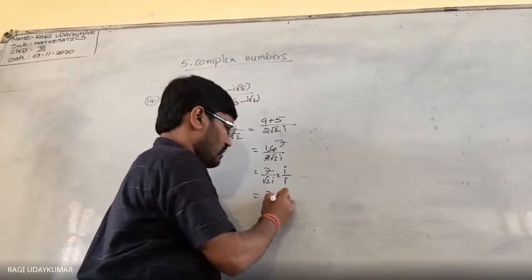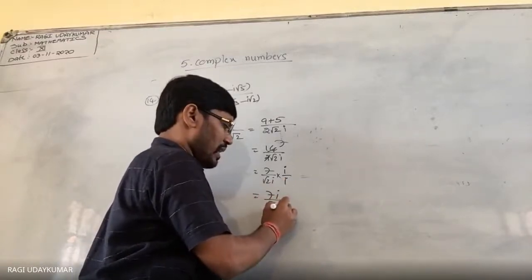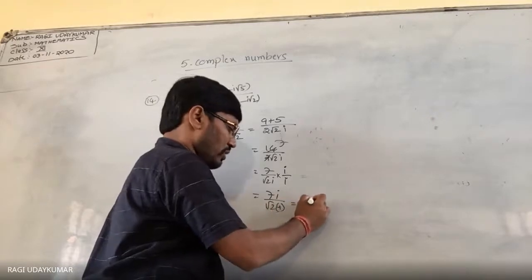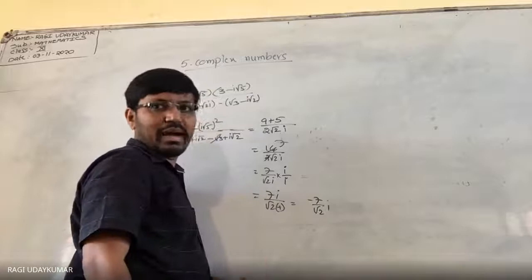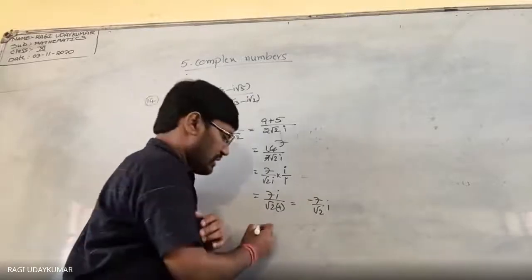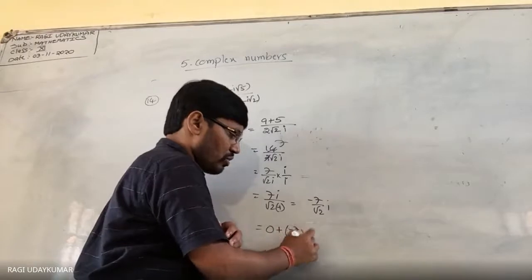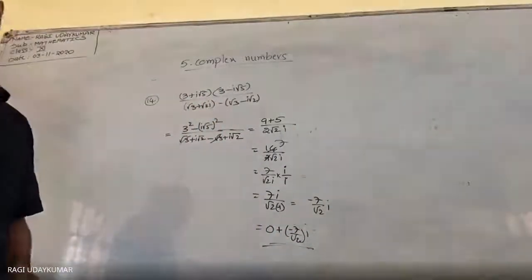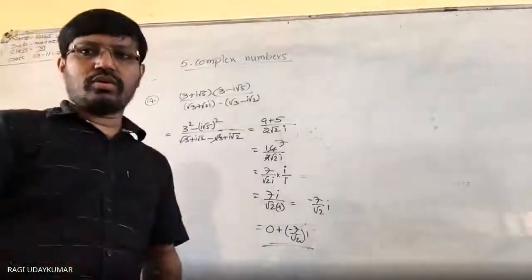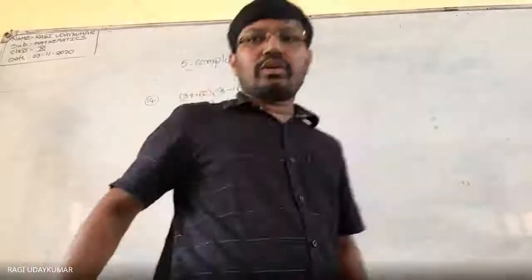What do you get here? 7i by root 2 into i square. i square value is minus 1. So you are going to get minus 7i by root 2. So this is 0 plus minus 7 by root 2 times i. It has come in the form of a plus ib, right? Okay, understood? So like this.